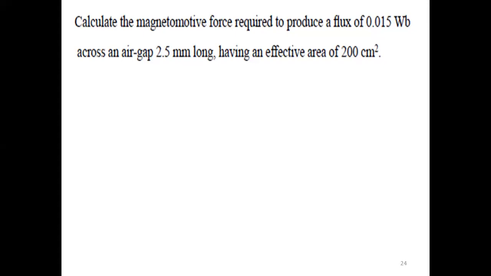So calculate the MMF. How do we calculate MMF? What is the formula for MMF? Flux into reluctance. Flux is given, reluctance is not given. Then another formula? Any other formula for MMF?